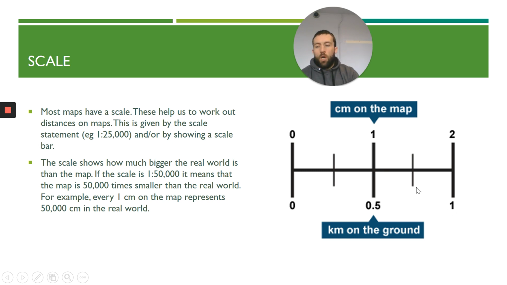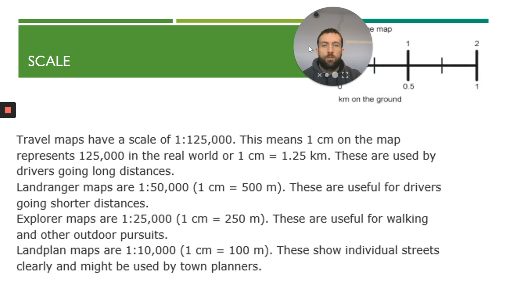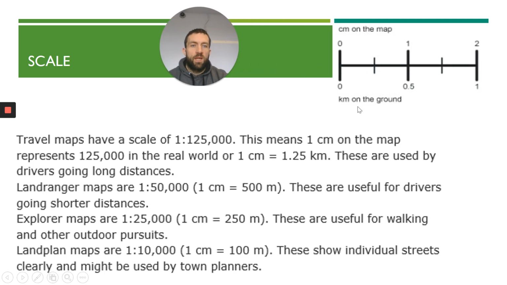So if you were measuring it using a ruler and you said, oh, the shop you need to travel to is 2 centimetres away, you would need to know in real life you would have to walk 1 kilometre to get to that shop. Alright? And scales can vary, they can be different sizes, so you need to be really, really careful and make sure you look at the scale of the map when you're using it.